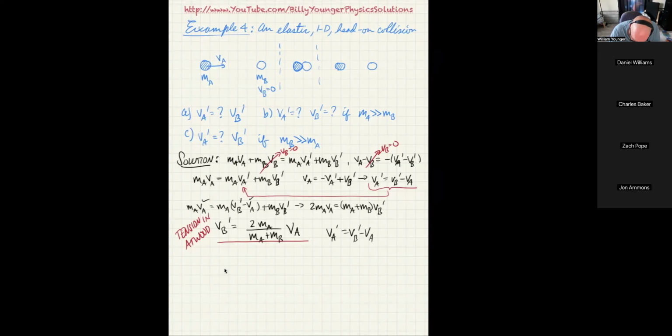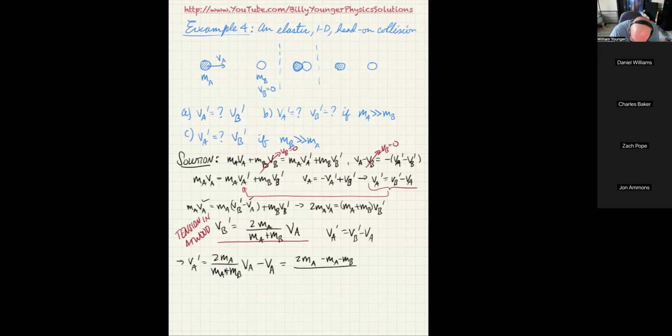I just figured out what VB prime is, so I'm going to write VA prime is equal to 2MA over MA plus MB times VA, minus VA. Now that means I need a common denominator. So I'm going to write the numerator for the left fraction as 2MA. The numerator for the right fraction is negative MA, negative MB.